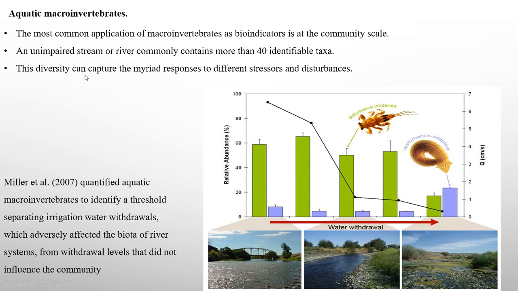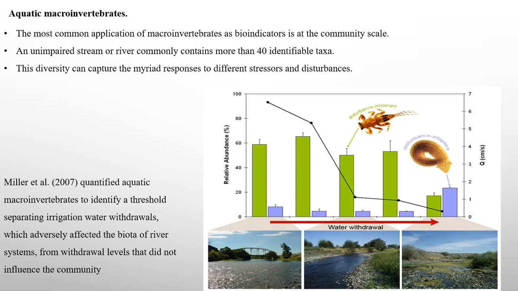An unimpaired stream or river commonly contains more than 40 identifiable taxa, representing a range of habitat preferences and life history strategies. This diversity can capture the responses to different stressors and disturbances, including anthropogenic disturbances.